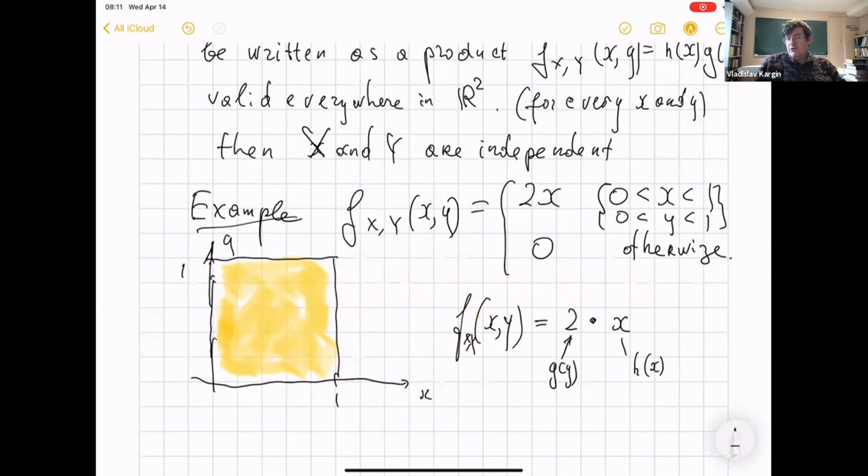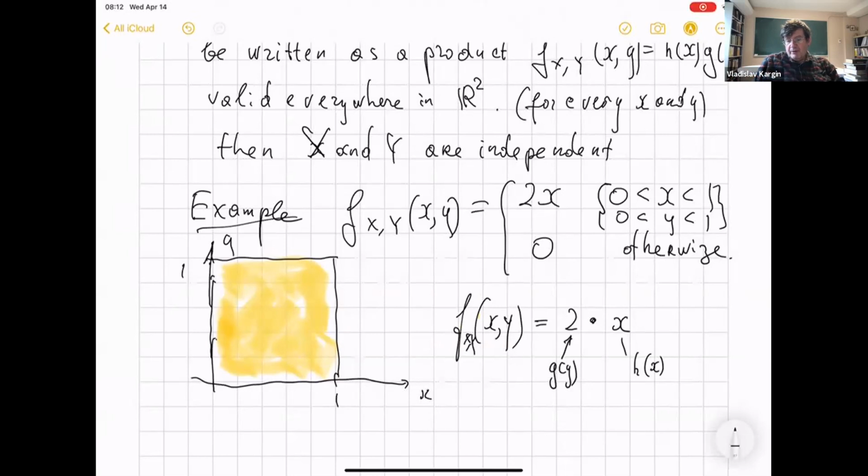So the h of x depends only on x. G of y depends only on y, and in this case, it's just a constant. The most important thing is that it doesn't depend on x. It also doesn't depend on y, but we can think about this as g of y, just a constant.